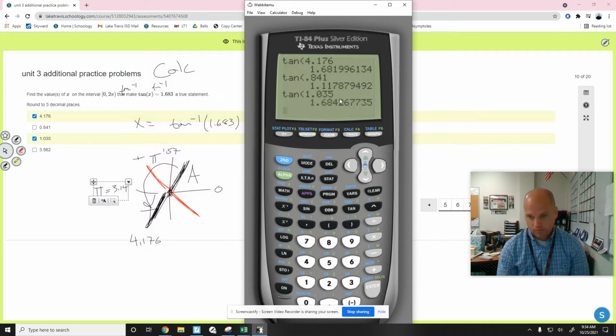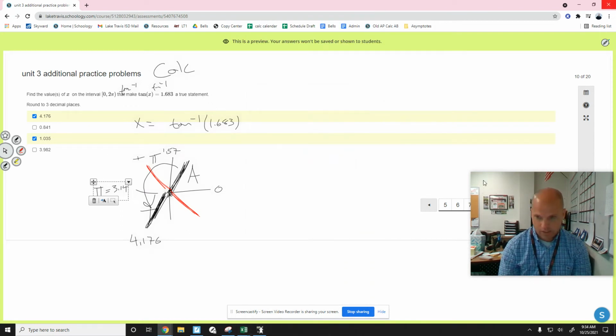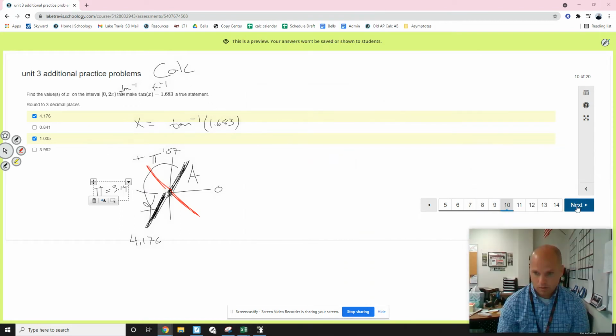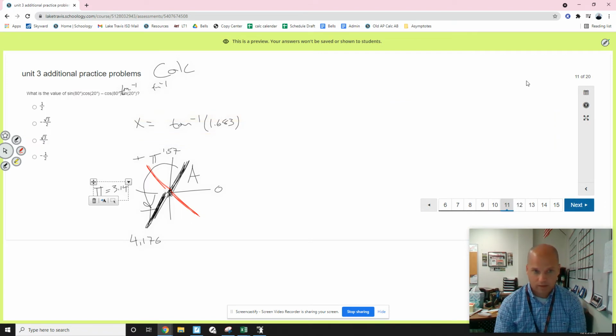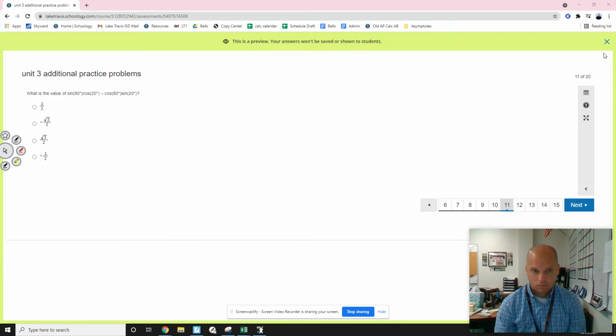Yeah, close enough. Okay, we rounded. Does the tangent of 3.982 give me 1.683? No. Okay. So test taking strategies, maybe look to utilize your calculator to help you.